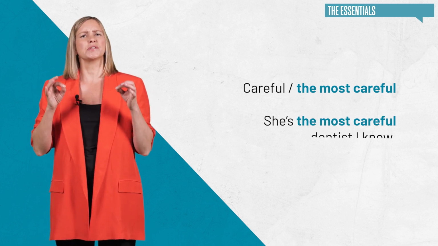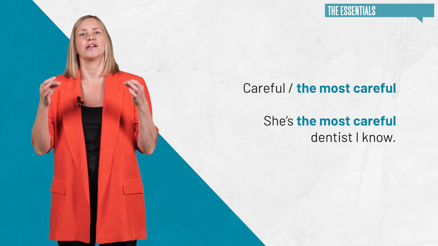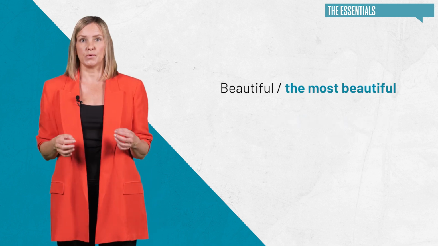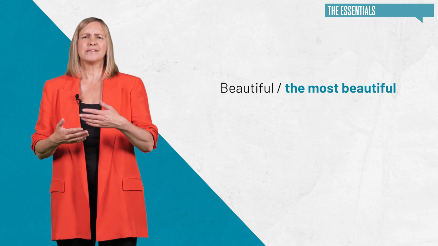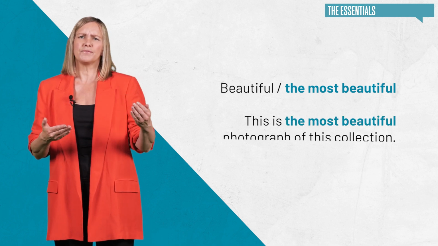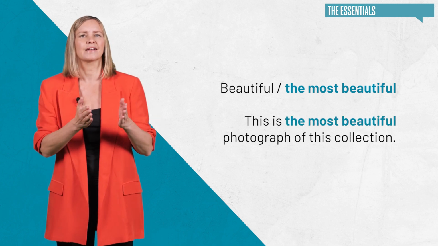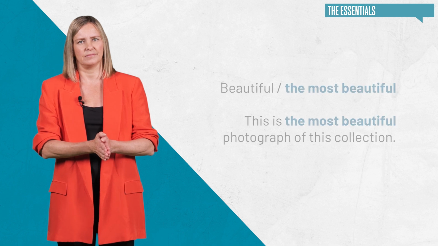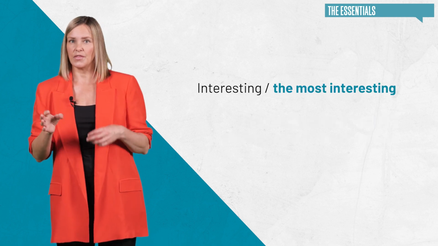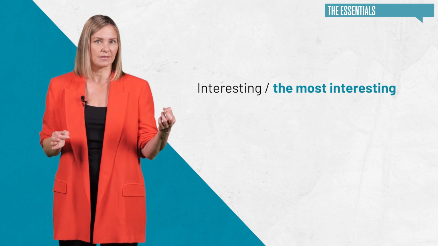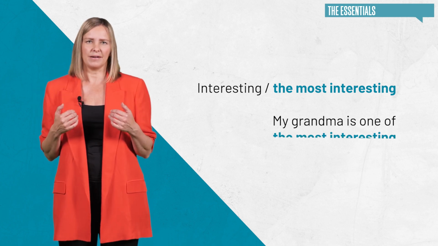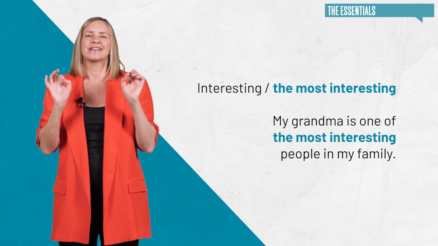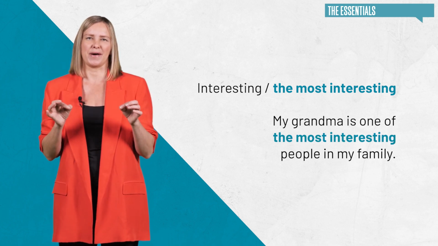She's the most careful dentist I know. Beautiful, the most beautiful. This is the most beautiful photograph of this collection. Interesting, the most interesting. My grandma is one of the most interesting people in my family.